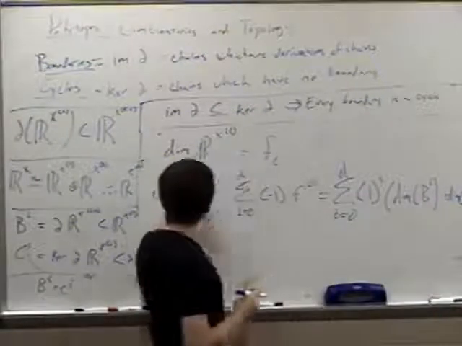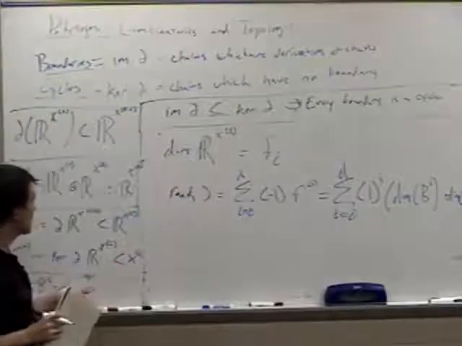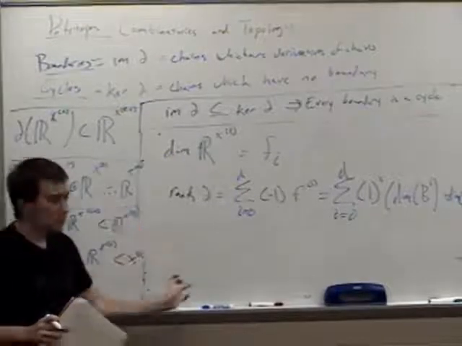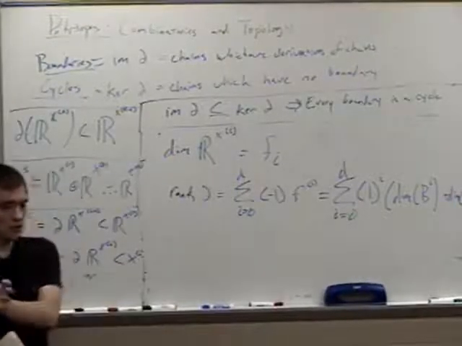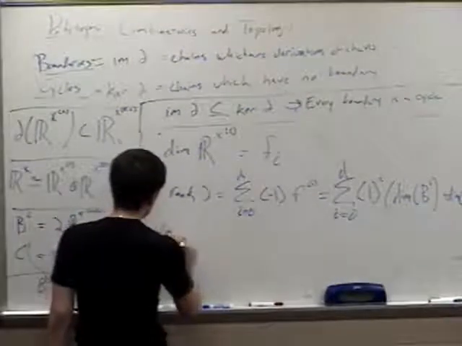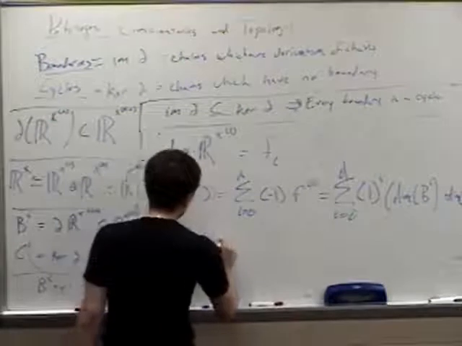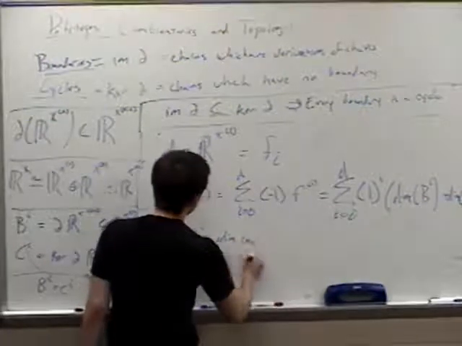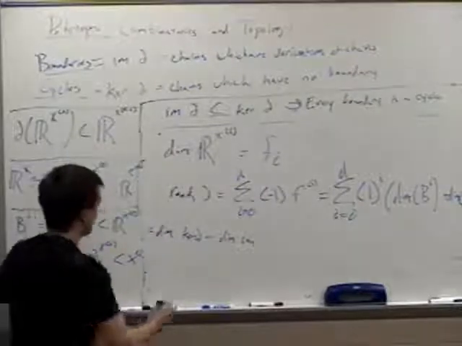Right, because what does the rank mean? The rank of an operator is the dimension of the kernel minus the dimension of the image. So this is basically equal to the dimension of the kernel of delta minus the dimension of the image of delta.